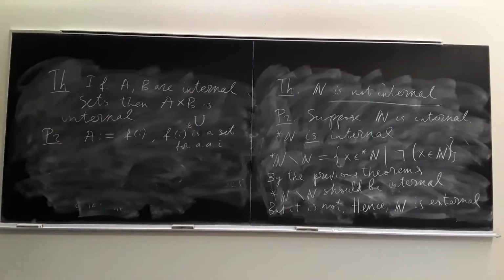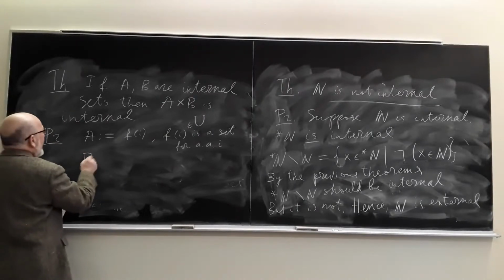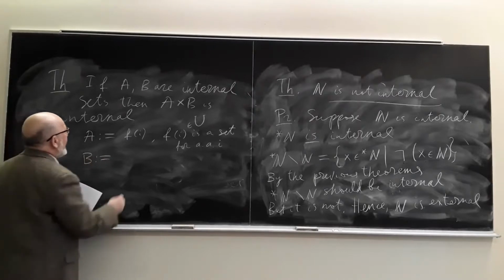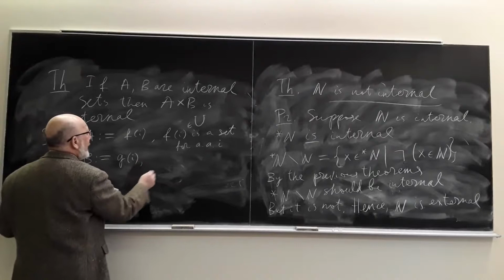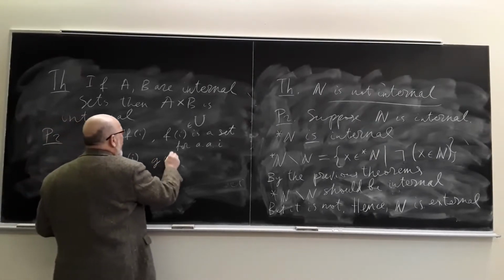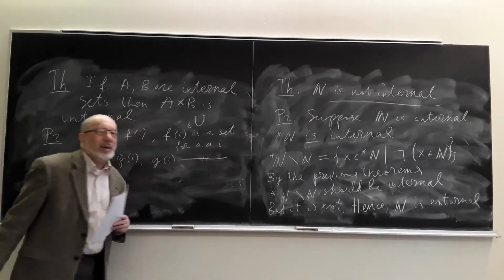B simply is a set G of i, where G of i again is a set.